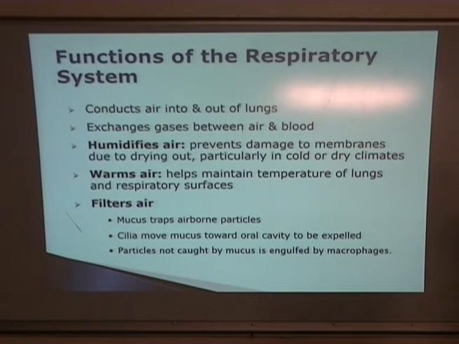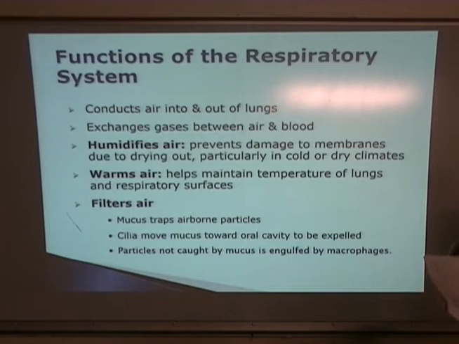And it also acts as a filter for a lot of dust and particles that are in the air. Not all of them, because if it filtered all of them, we wouldn't have allergies, right? So it doesn't work 100%, but it does a really good job, okay?